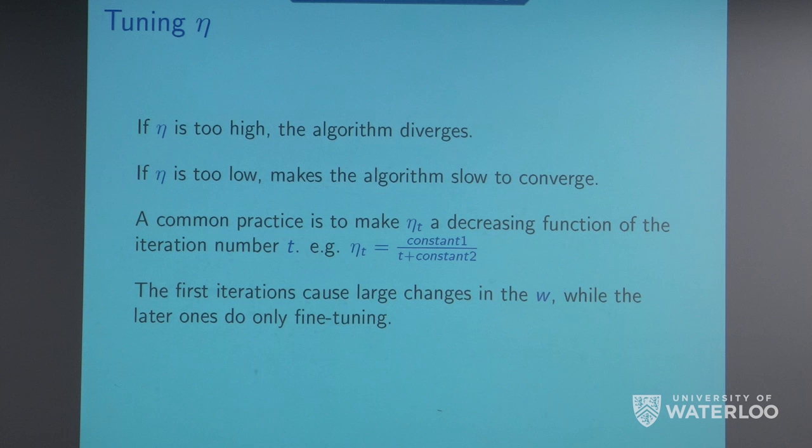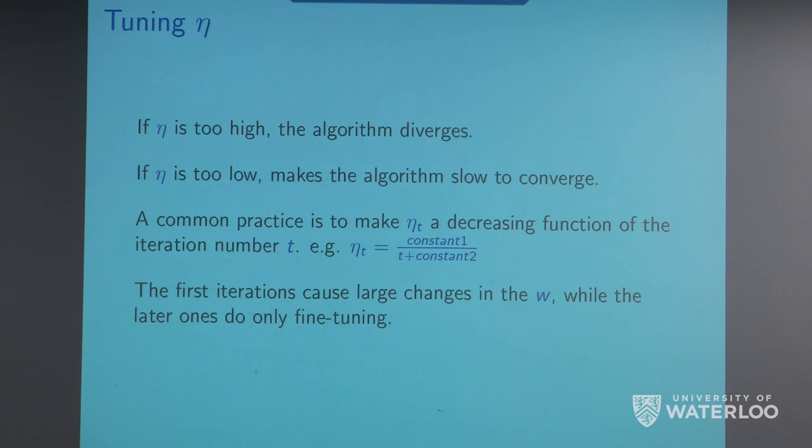In the first iteration, t is 1, and you have a large number for eta. As you go on, t gets larger and larger, so eta will be smaller and smaller, right?